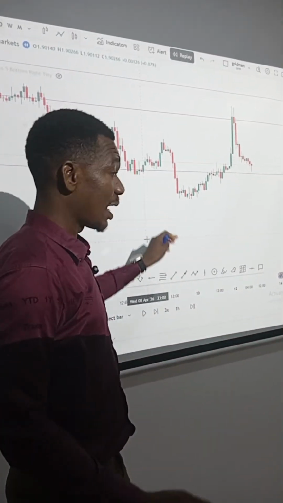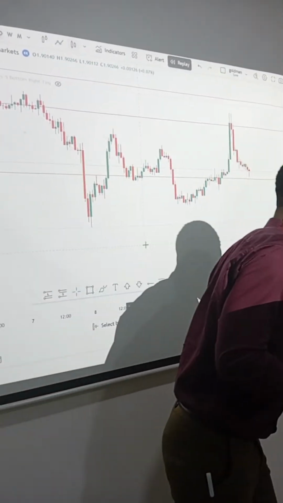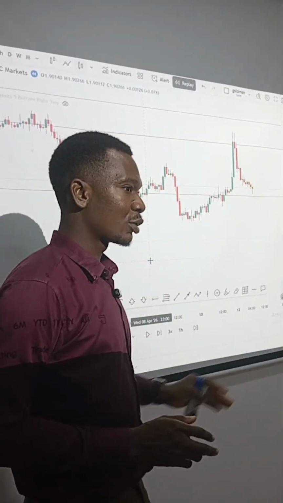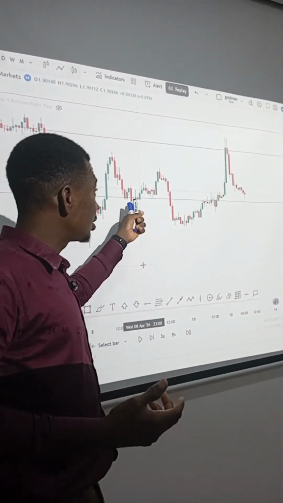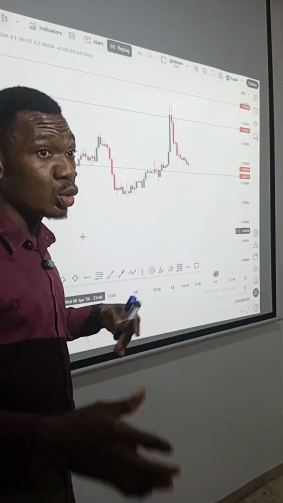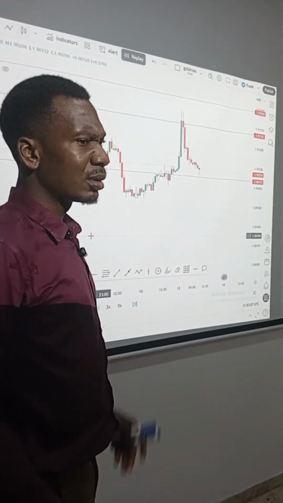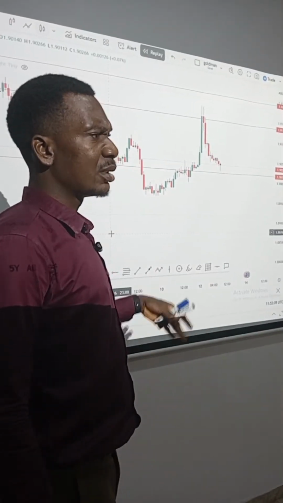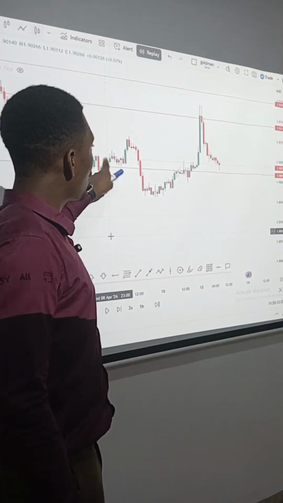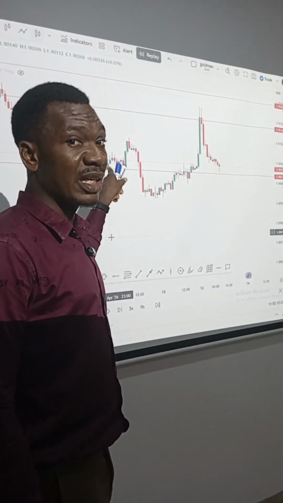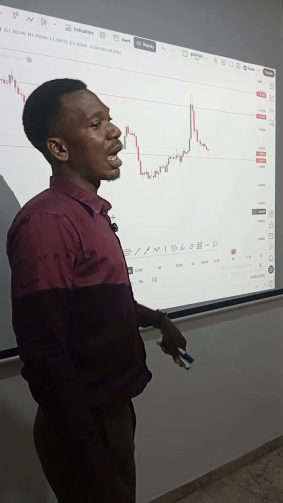It just came to this line and it's like it recognized this line. I'll stop falling from here. It's not random. But if you don't plot the line, you will not know. You'll be expecting it to keep on dropping. You will not know that there is a wall here that is making price unable to drop below that point.